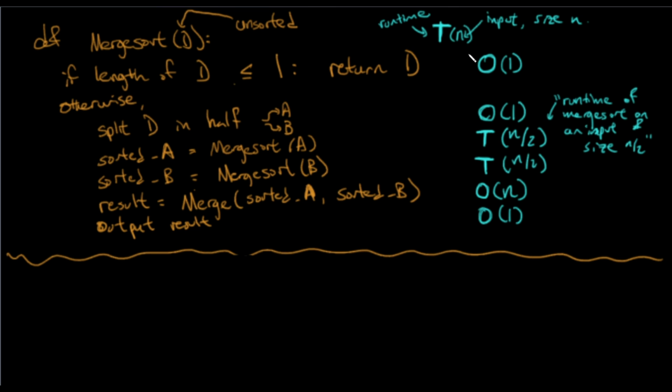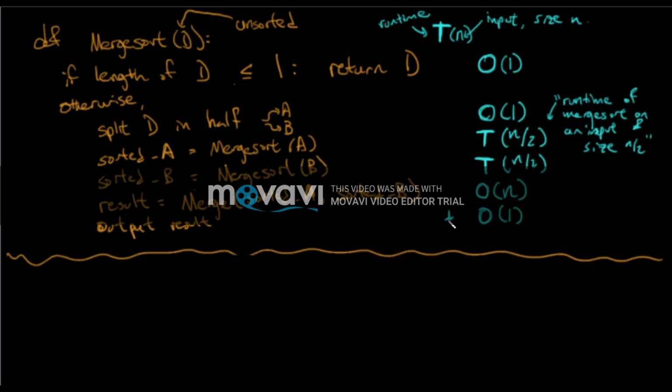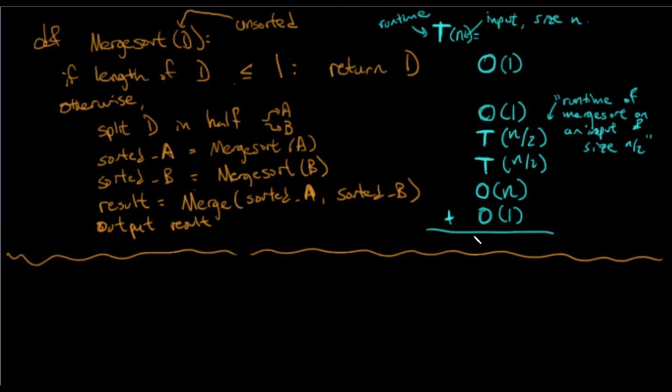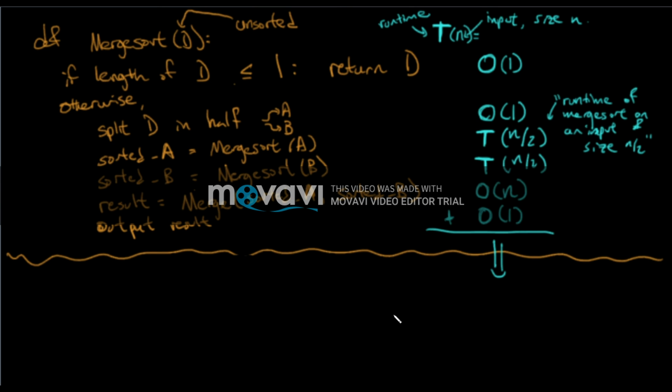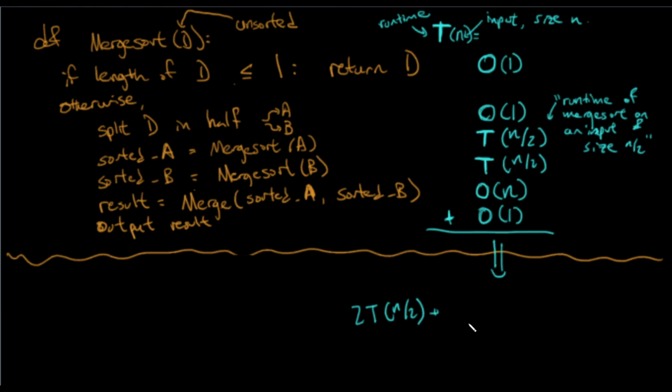Now what is the total runtime? The total runtime is we're just going to add all of these. T of n equals all of this. I'm going to combine these two to be 2 T of n over 2 plus, well, constant plus constant plus constant gives you a constant.